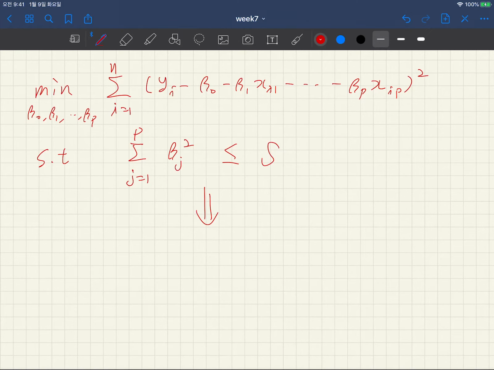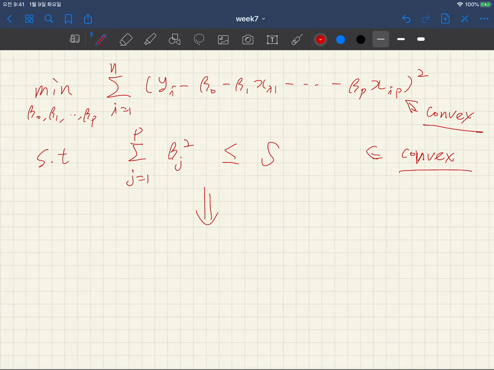This is a convex optimization problem. This is a convex function with respect to parameters beta 0 to beta p, and this is a convex set. What is a convex function and what is a convex set? Please find the definition on Google.